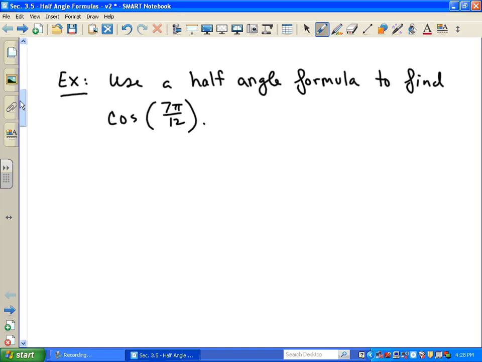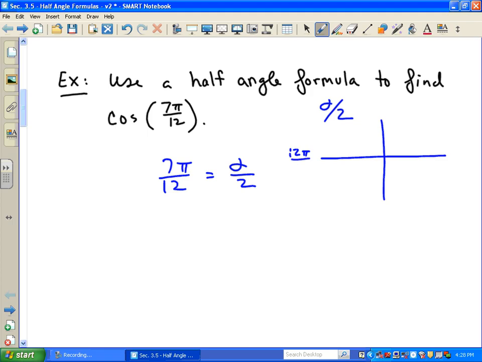So, the first thing you want to do is take your angle, knowing that it's a half angle, and set it equal to alpha over 2. Let's figure out first which quadrant we would be in for alpha over 2. Okay, 7 pi over 12. Well, 12 pi over 12 would be in there somewhere. We know this is pi over 2, and pi over 2 is 6 pi over 12.